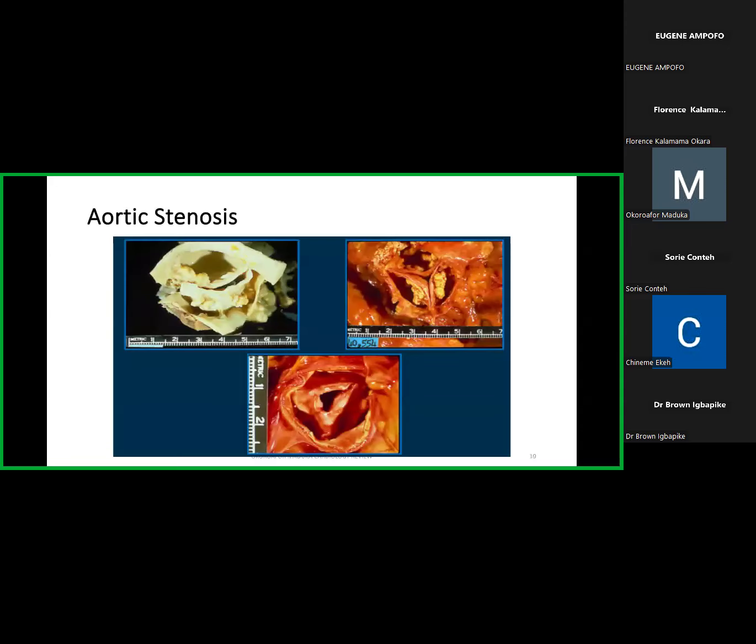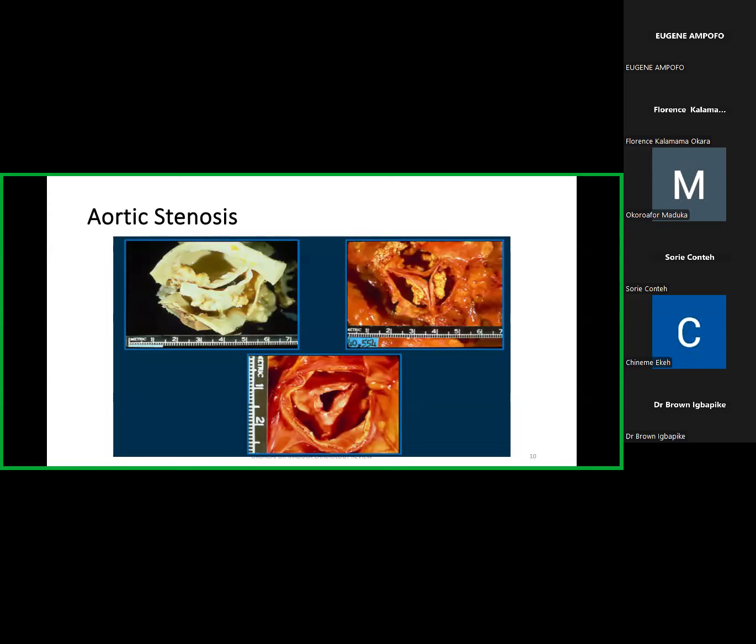So this is a picture of different ways we can view aortic stenosis. The first at the upper part, on my left-hand side, looks like there are only two cusps, so you could say that could pass for a bicuspid valve.